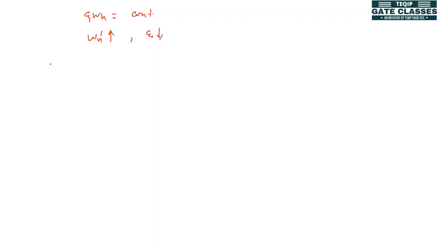As I told you, the controller basically controls the time domain parameters. So what will be affected if zeta decreases? You can see omega n is increasing and zeta is decreasing.